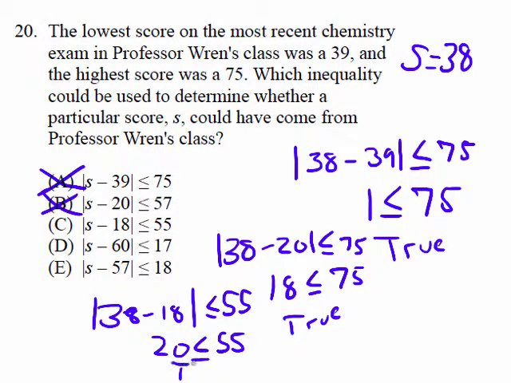So again, we got something that is true, and we don't want true. We cross off A, B, and C because they give us true inequalities for an answer choice that should not work.